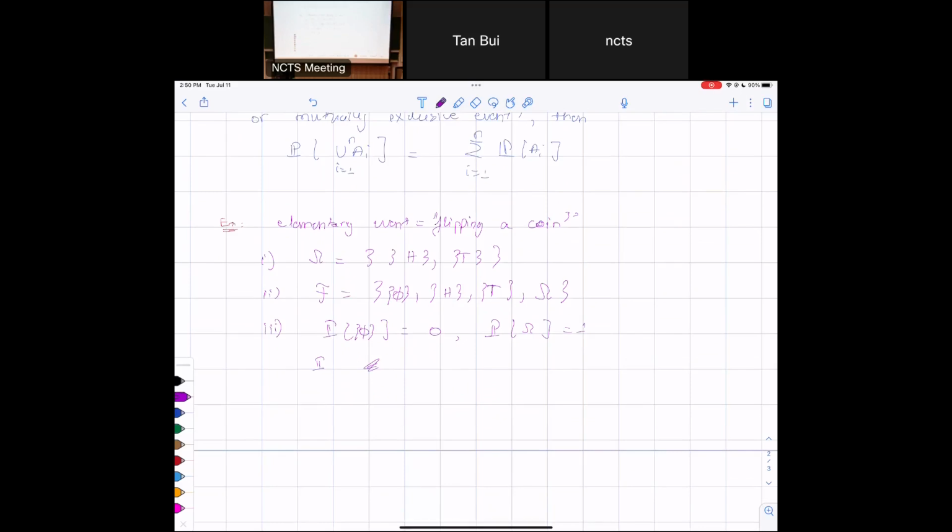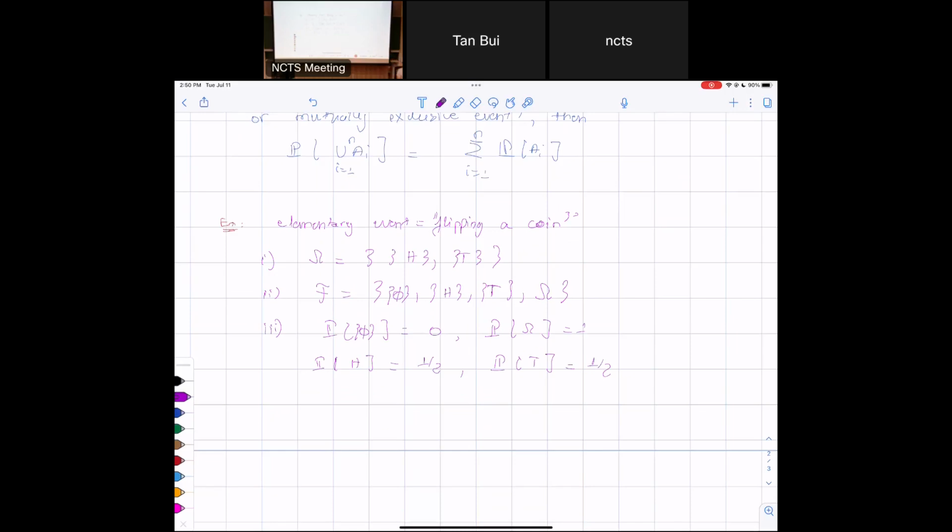In experiments, half of the time you get head and half of the time you get tail. So it's natural to assign probability 1/2 to getting head and 1/2 to getting tail, just by experiments. Good.